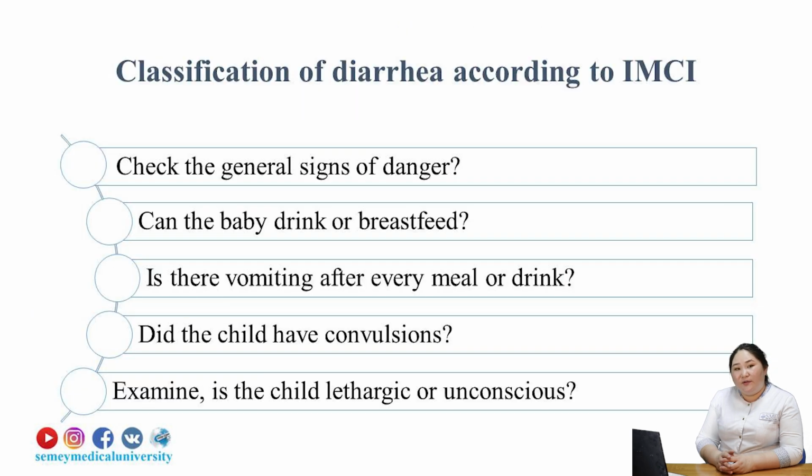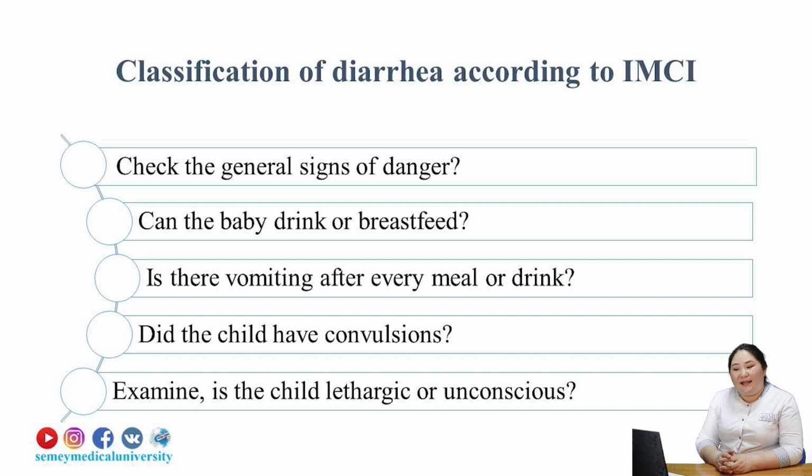But right now we use the classification of diarrhea and dehydration according to the IMCI program, made by the WHO, and in this program we mostly check the general danger signs. Can the patient drink, how does the patient drink, has convulsions, consciousness, and presence or absence of convulsions in the baby.